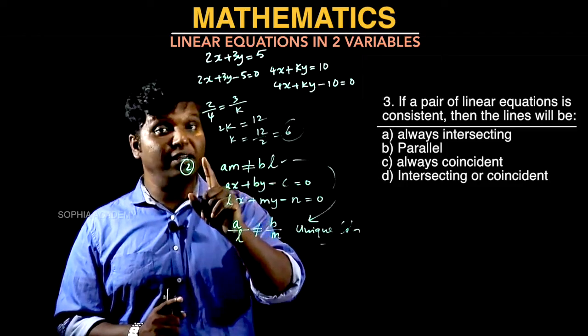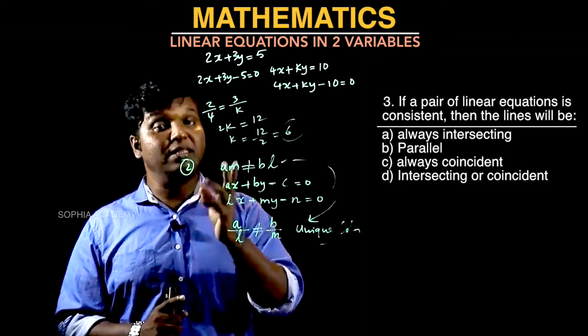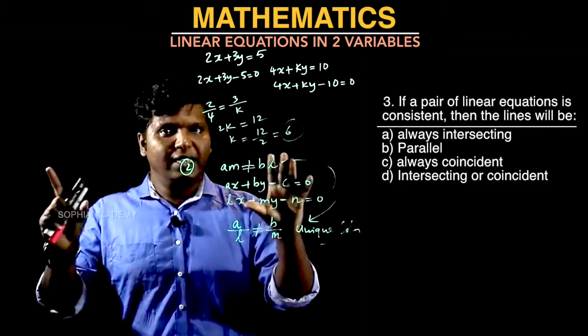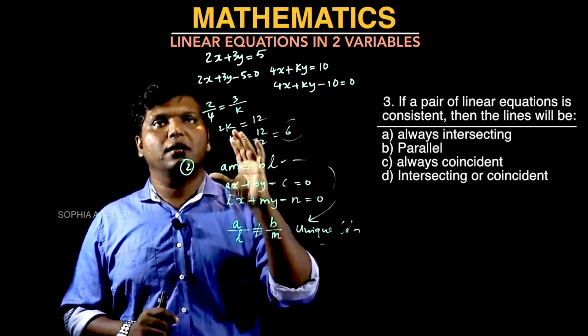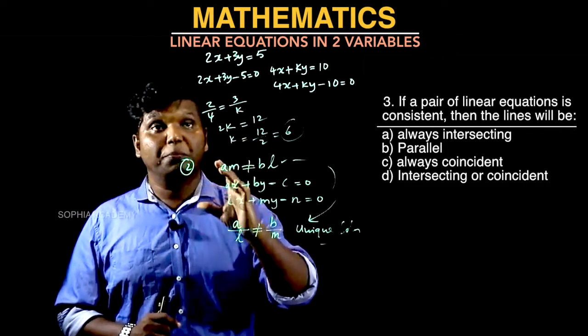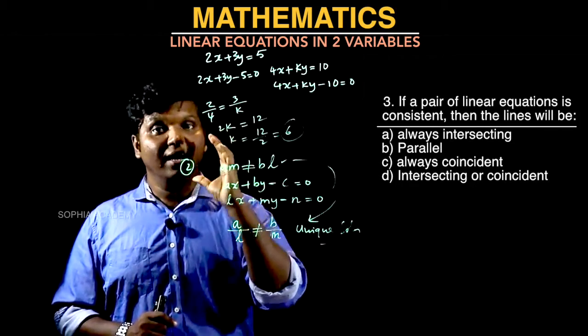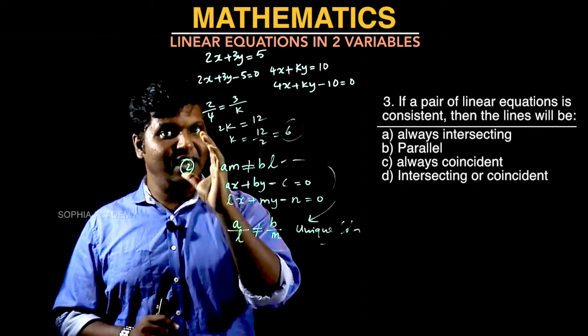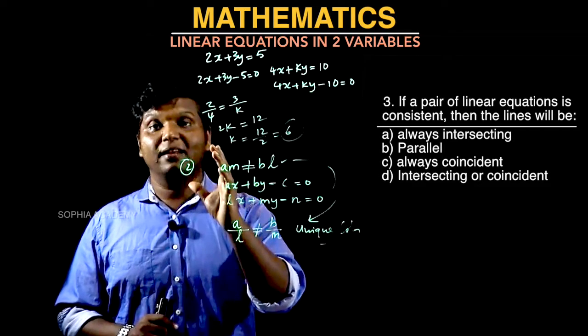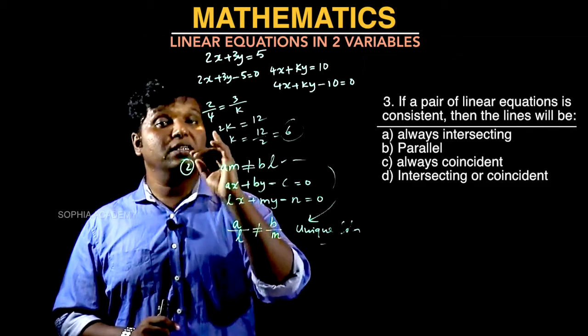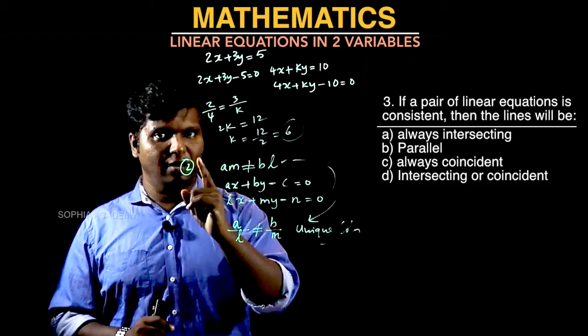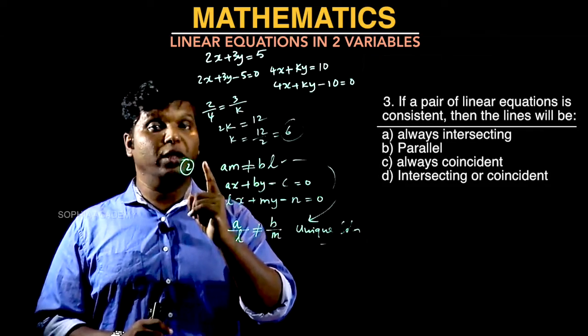Consistent means they are having a solution. So here the first sentence is given like this, that the pair of linear equations are having a solution. They are consistent. Then the lines representing the two equations are.